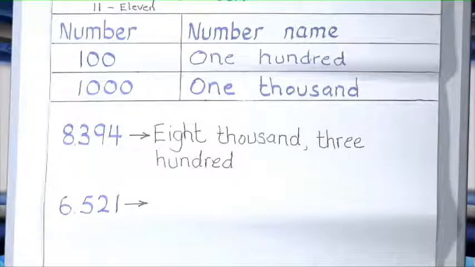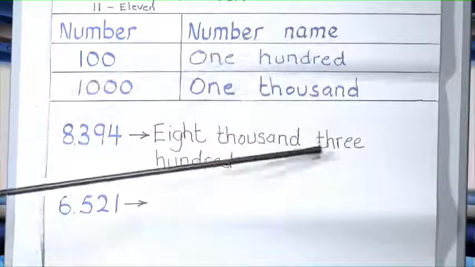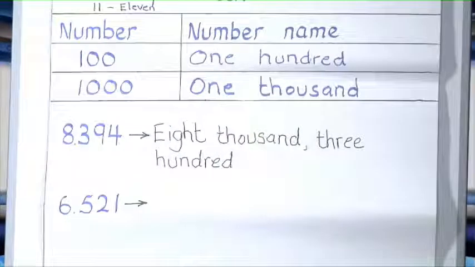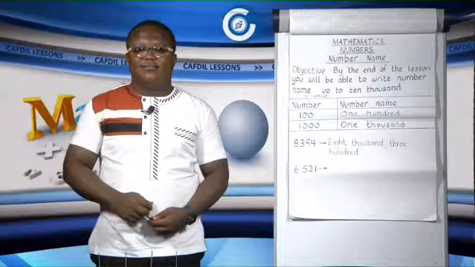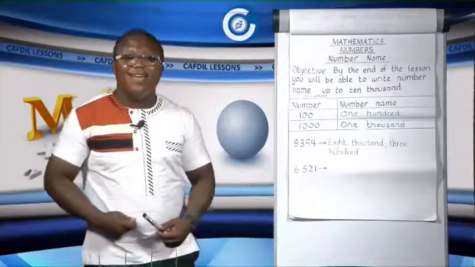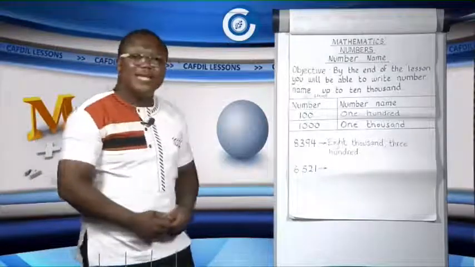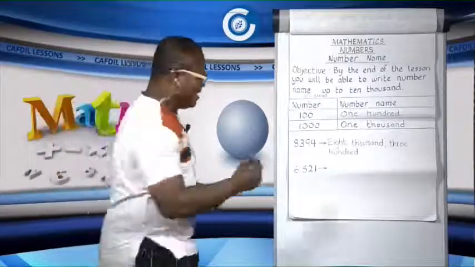And this is how we write the 100. Remember, we wrote the 100 here. So it's 300. And after writing 100, we use the conjunction and.